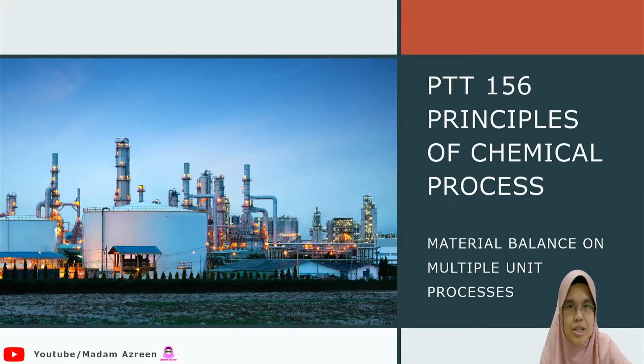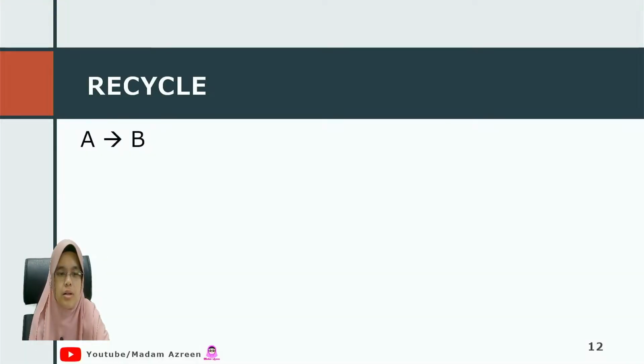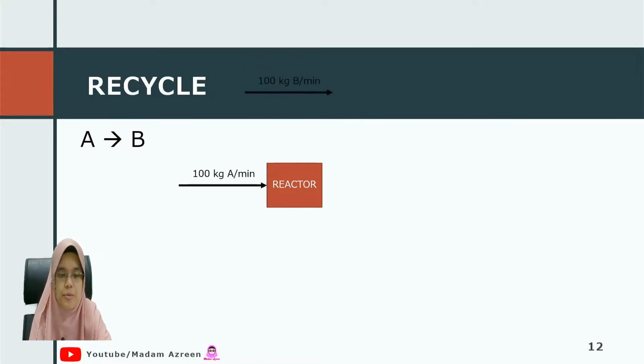Okay, let us continue. Let us talk about recycle. What does it mean by recycle? When you have a chemical reaction, for example, A into B in a reactor, with 100 kg of A and we expect to have 100 kg of B, that is 100% conversion.